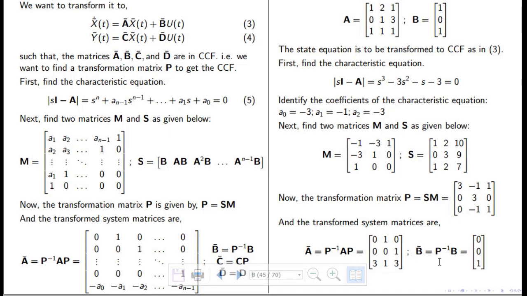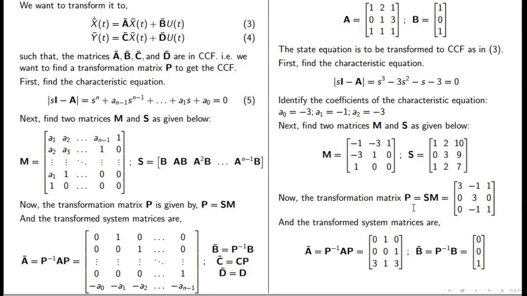You will be able to see that the super diagonals are 1, the last row is having some elements, and obviously this is in CCF. And B bar, that is P inverse B, is equal to 0 0 1. So this is how we transform a given state space model into a controllability canonical form.